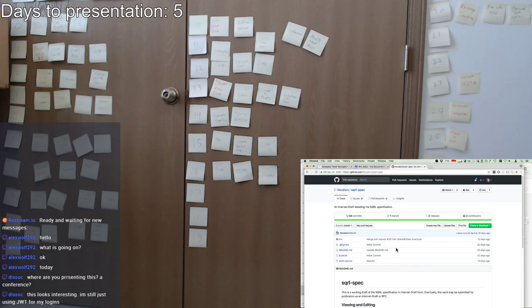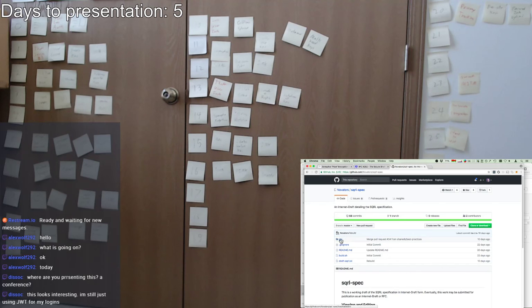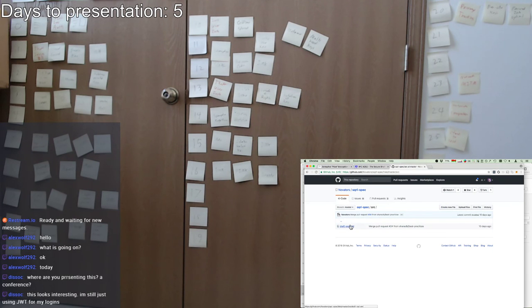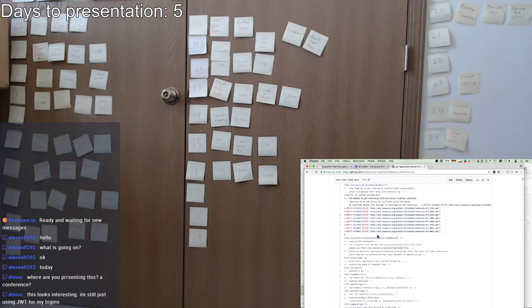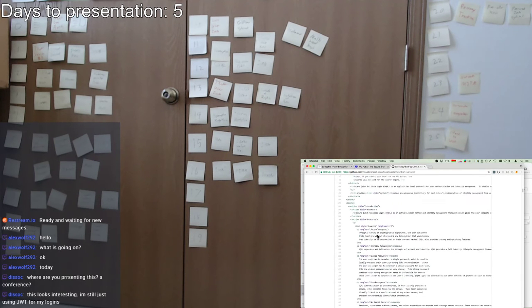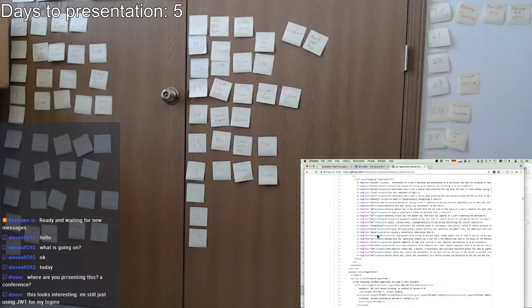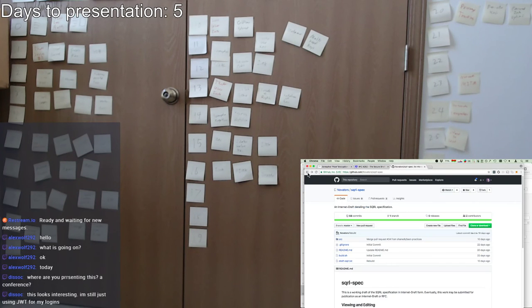Alright, so some people had started a SQRL spec project, have not yet looked at, oh boy, XML. Is this something we need to build? Yep, looks like it.